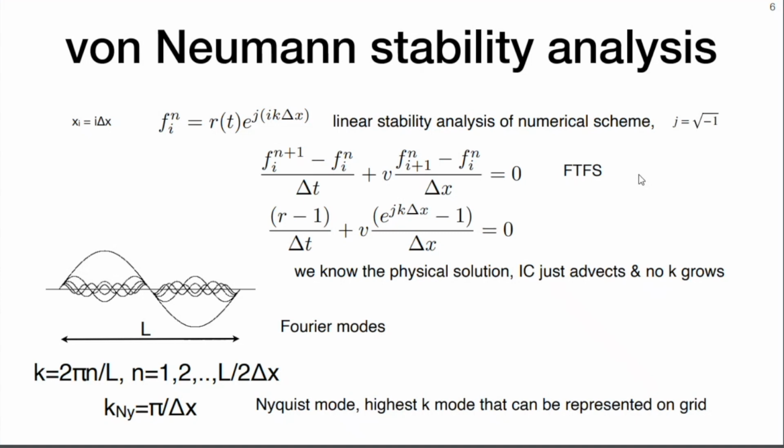The time dependence is only this. So at every time step, your previous value gets multiplied by R. Okay, so f_i^{n+1} is R times f_i^n, and f_i^n itself is this. So if you substitute that and cancel e^{ikx_i}, you get this equation.